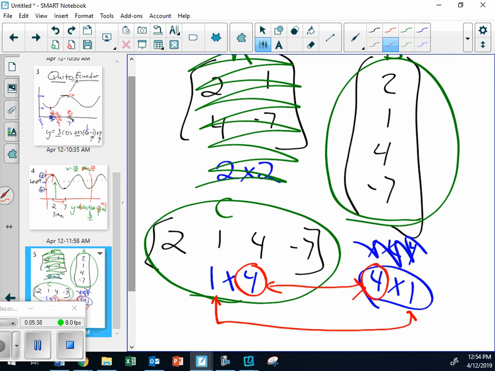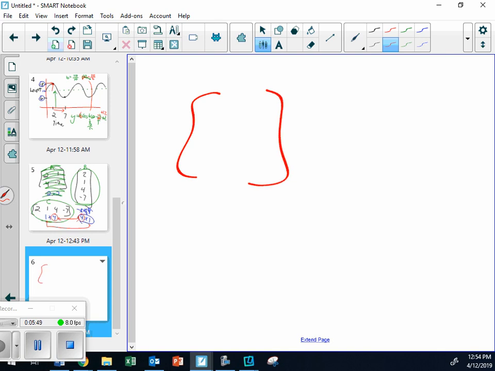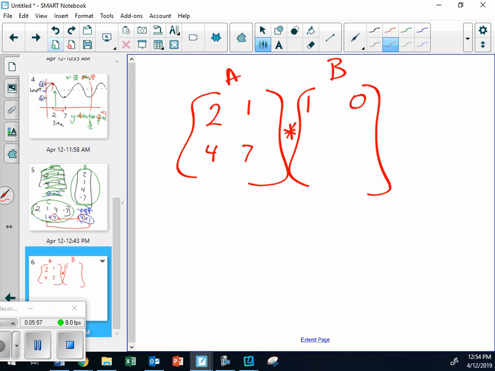But one more thing. What if I reversed these and I put it the other way? Did you know that if you have a matrix, let's say this one, and another matrix, I'm going to call this A and this B, -3, 8.